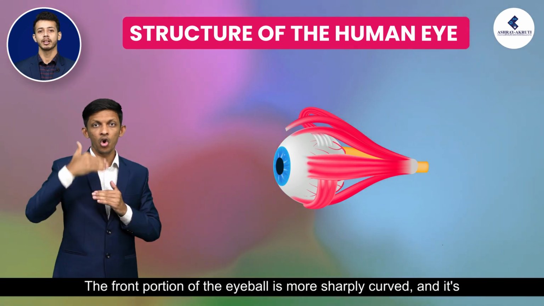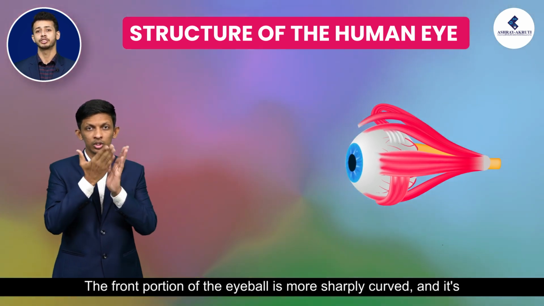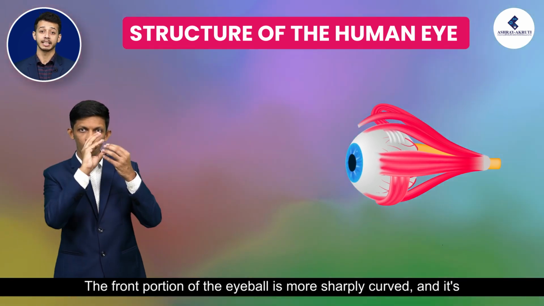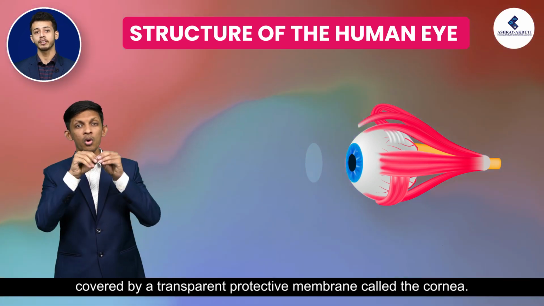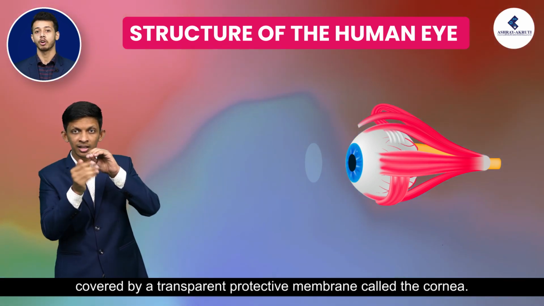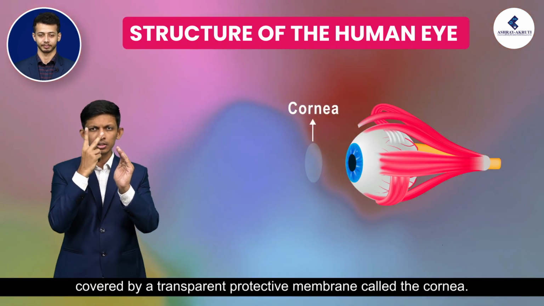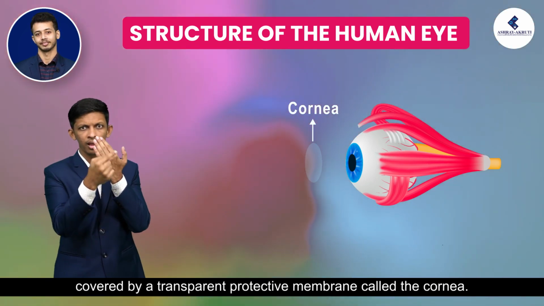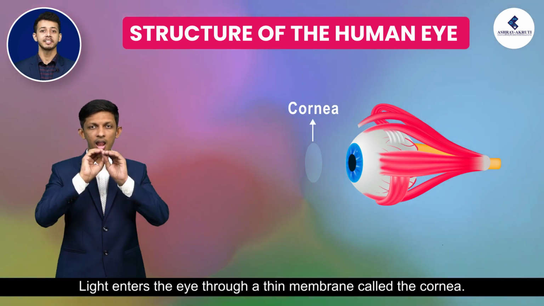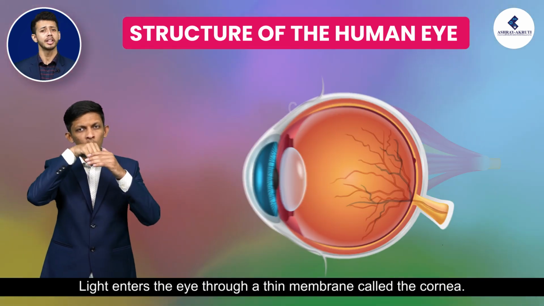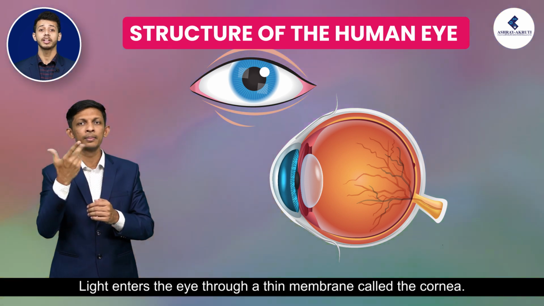The front portion of the eyeball is more sharply curved and it's covered by a transparent protective membrane called the cornea. Light enters the eye through a thin membrane called the cornea.